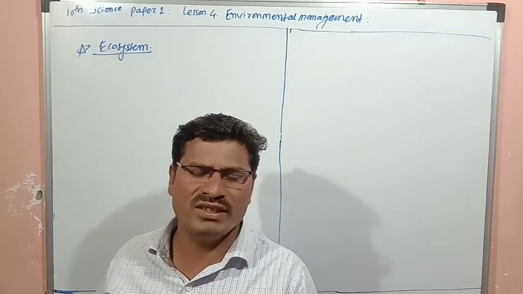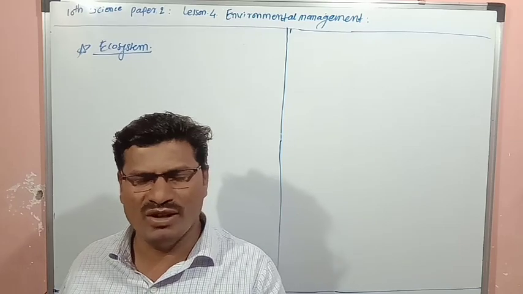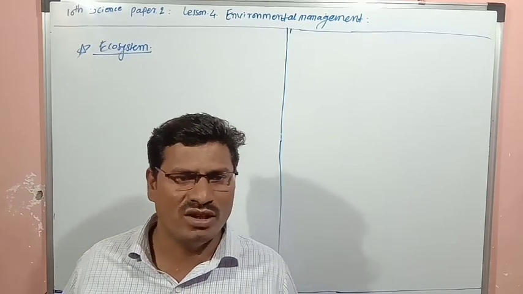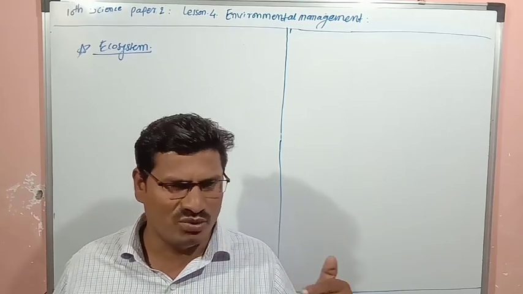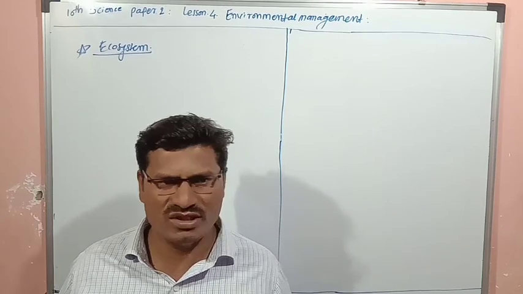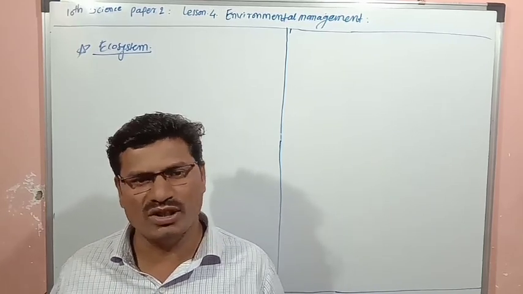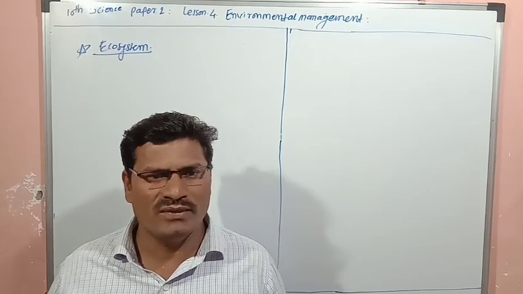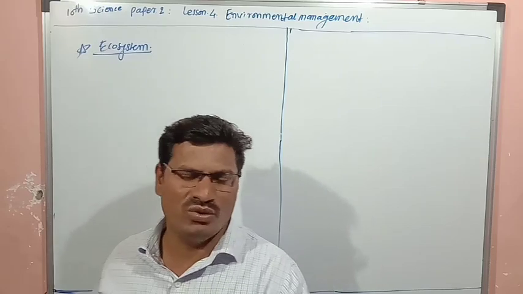Ecosystem is the basic functional unit of that particular biosphere to study ecology. Now the question will arise: what is meant by ecology? So it is clear that a fundamental, functional unit is there, and that unit is used to study ecology. Now we'll see what is meant by ecology.